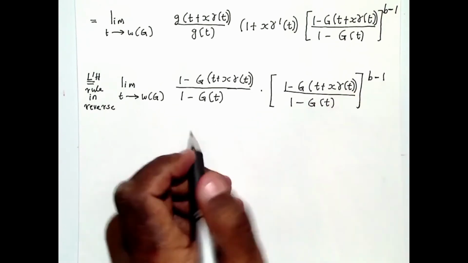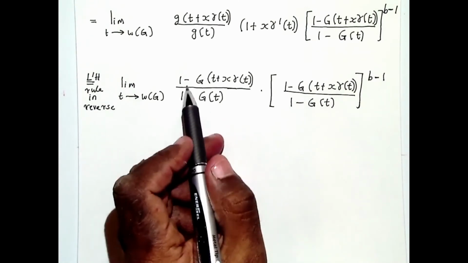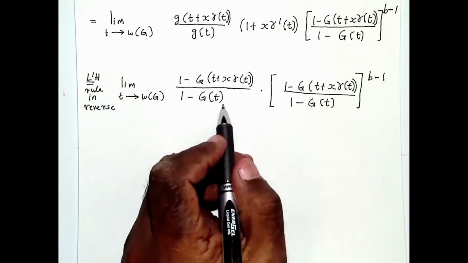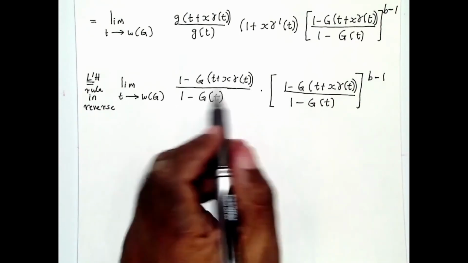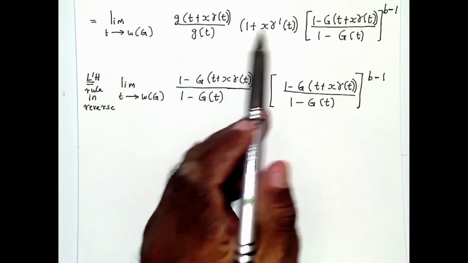Okay. Now what I mean by reverse is the following. If you apply L'Hôpital's rule to the numerator and the denominator, that is, differentiate the top and the bottom with respect to t, you will get exactly what you have here.